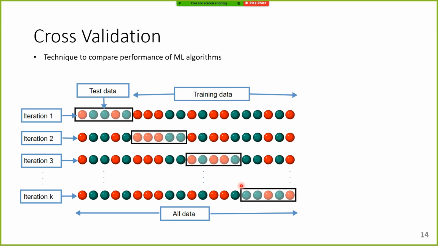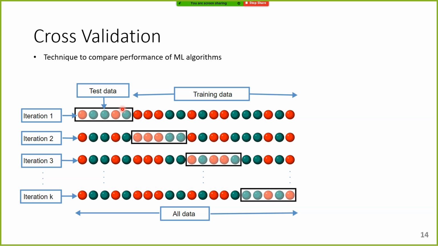Another term that you may encounter is cross validation. It is a technique to compare the performance of ML algorithms. In any ML algorithm, we first start with a data set and divide it into two categories: training data set and test data set. Our objective is to first train our model on the training data set, and then test the trained model with the rest of the data.